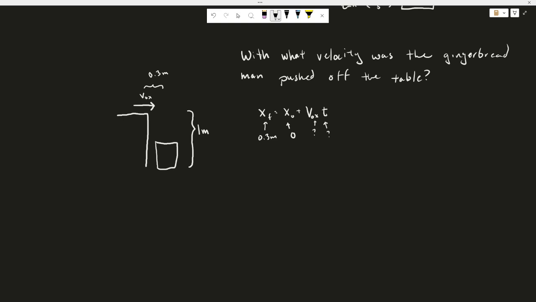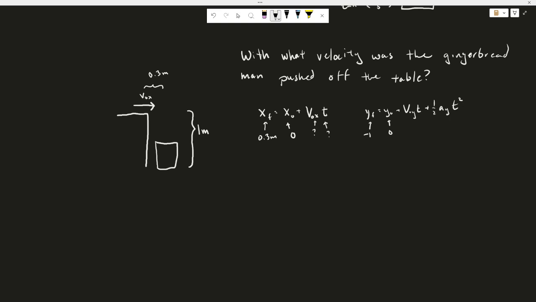So now I have to look at the y direction instead. I can look at that y final equals y initial plus V naught y times t plus 1/2 a_y t squared. And I know that y final is going to be -1 meter. Y initial is going to be 0. It's -1 meter, by the way, because it drops down 1 meter.